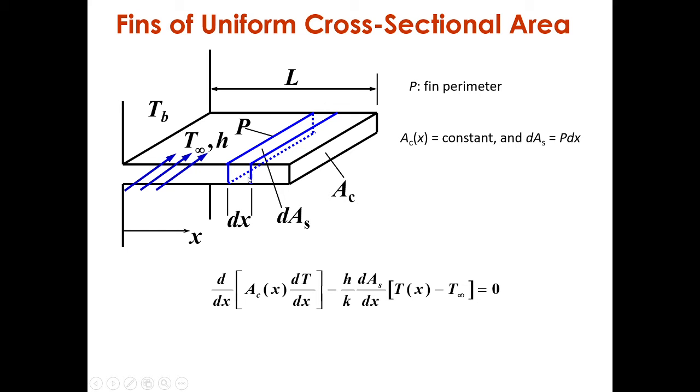When we multiply perimeter by length, or height, that equals area, P dx. So d/dx (A_C dT/dx) minus h/k dA_s/dx (T_s minus T infinite) equals 0.